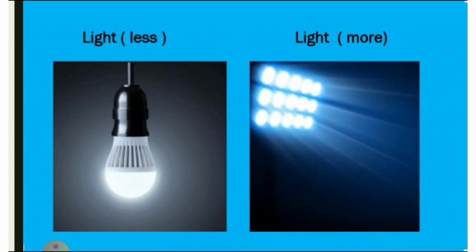The light of the electric bulb is less than the light of the halogen. Here the light of the halogen is more. So the intensity of the light of a particular object is determined by its extent.